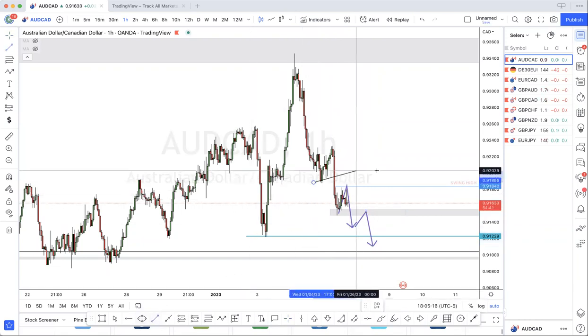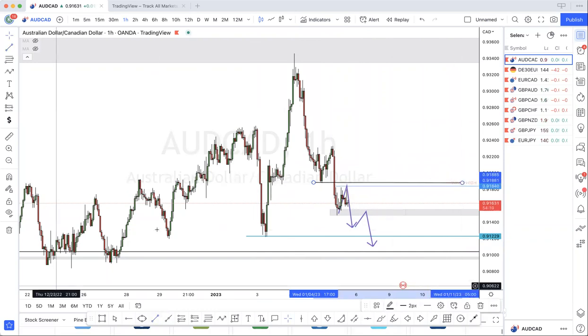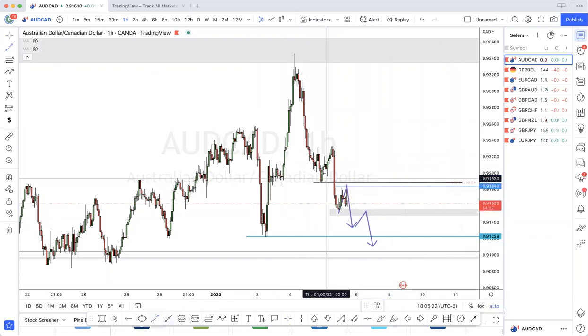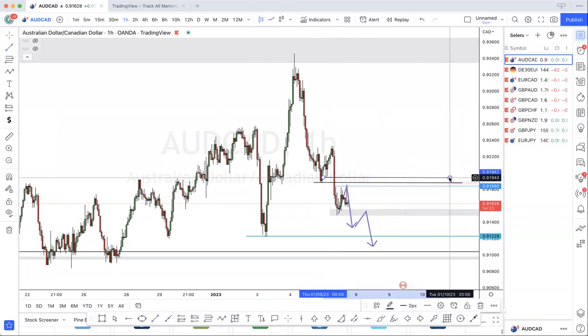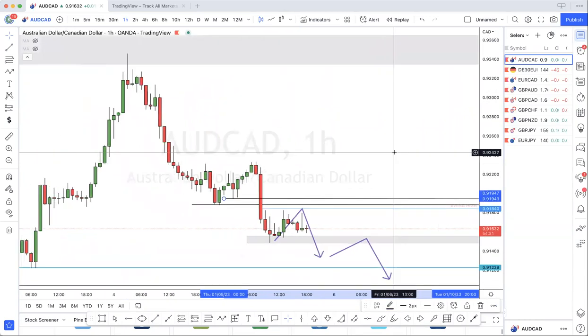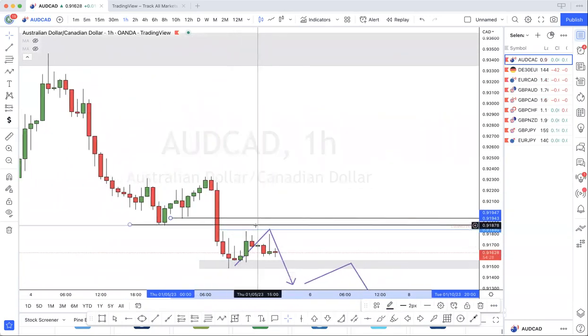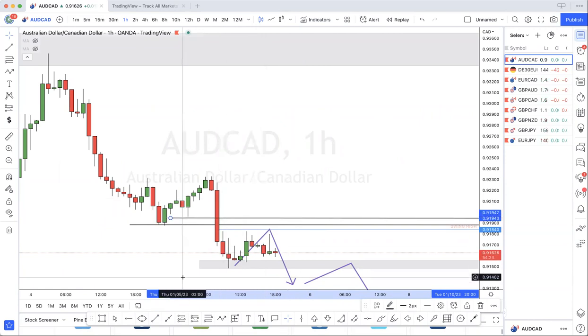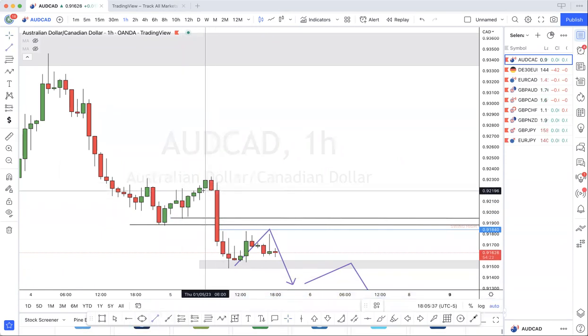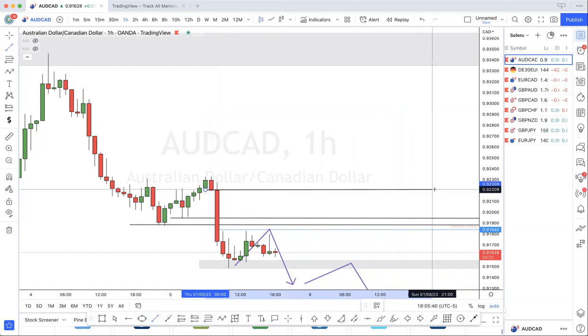For me, I would have looked for a sell here. Here's a violated order block. This is where I would have looked for price to come back to, and I would have gotten in here. Or price can come back and fill this imbalance. One of the three.